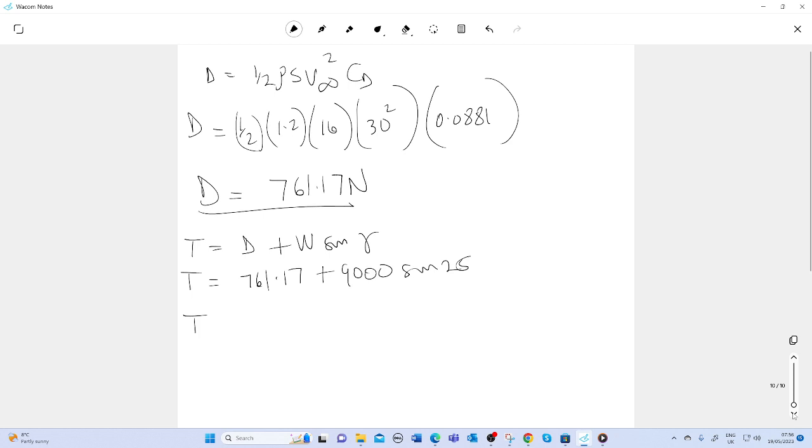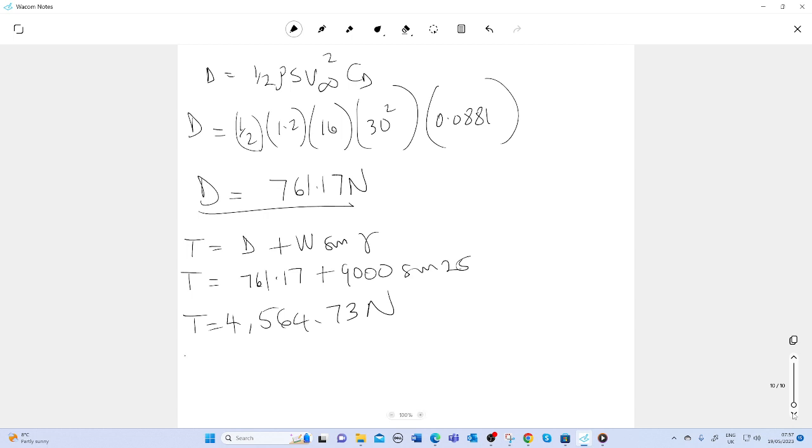So therefore, our calculated thrust gives us 4,564.73 Newton.